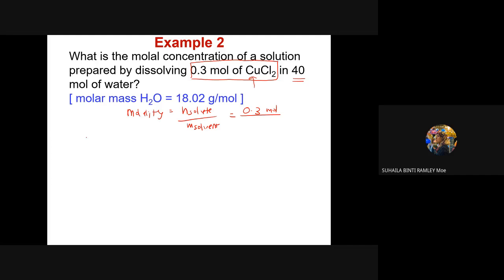So to calculate mass, what is the formula? Mass equals mole times MR. So mole for water is 40, MR for water is 18. So we get mass 40 times 18, which is 720 gram. We need mass of solvent in kg, so 0.72 kg.